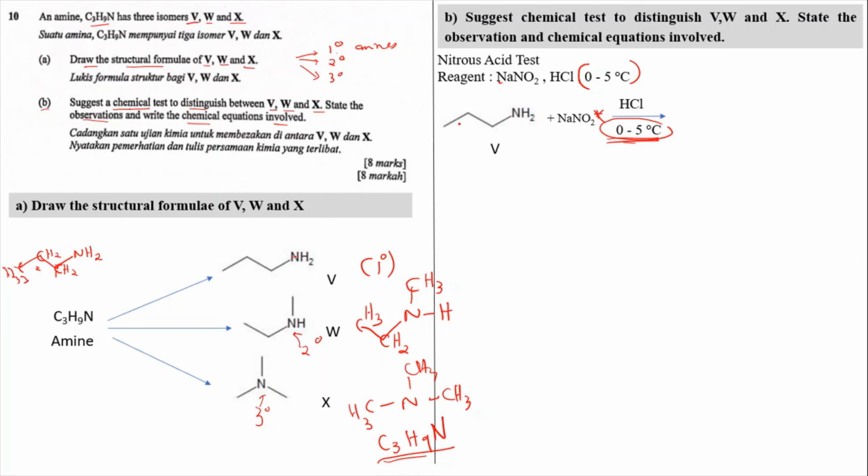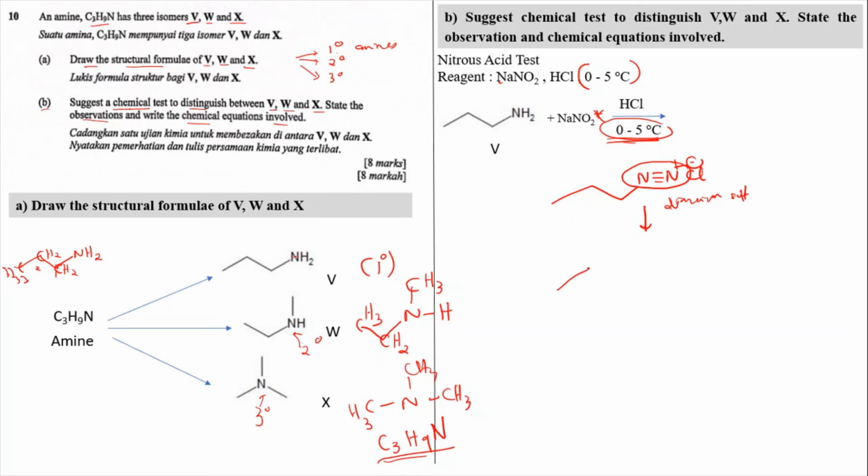So what you're going to produce from the reaction of primary amine with sodium nitrite and HCl is the formation of diazonium ion. The diazonium salt is unstable, so it's going to lose the N2.